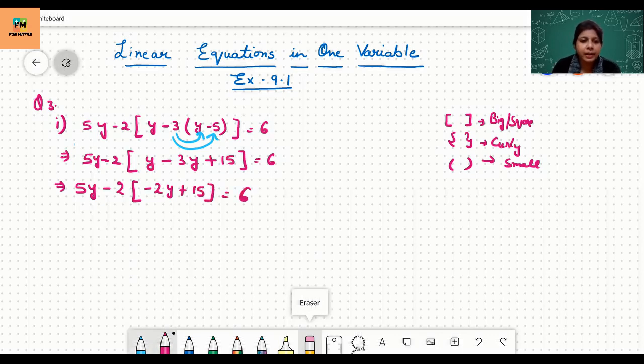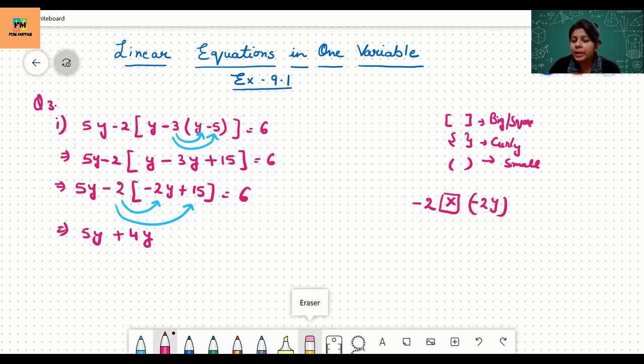Now let's open the bracket. In the same way, this will be multiplied with this and this will be multiplied with this. So 5y, -2 into -2y would be +4y. I'm just writing for you separately to make you understand. -2 into -2y: if you remember, we have done this when we do the multiplication operation.